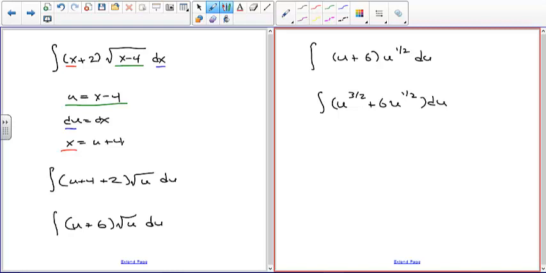Once you've integrated and cleaned everything up, stick x minus 4 back in. So you'll have x minus 4 to the 5 halves times some constant, and x minus 4 to the 3 halves times some constant, plus, don't forget your arbitrary constant.